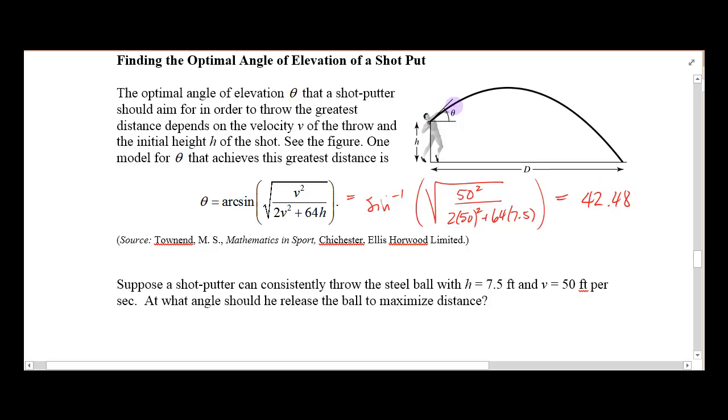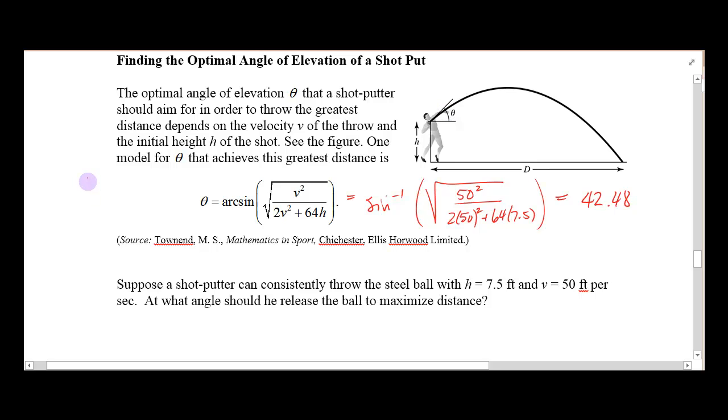Another application that I've always been interested in is angle of elevation, or this inverse, taking the inverse of a function to get the angle, which is applied in forensic science for blood splatter.